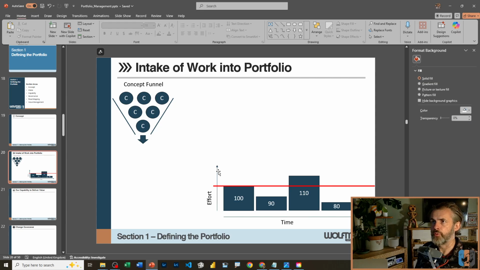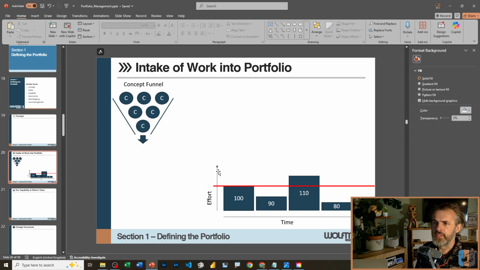Did we miss something where we wanted to paint the bridge blue because that's the color that we like, but actually the foundations are falling to pieces. So perhaps we should have initiated a project to fix the foundations instead of painting it, because the bridge is going to fall over. So it's these types of questions that we should be asking at this stage of the intake of work into the portfolio.